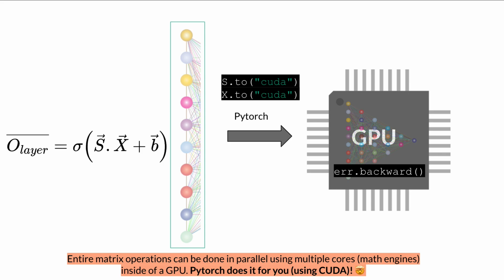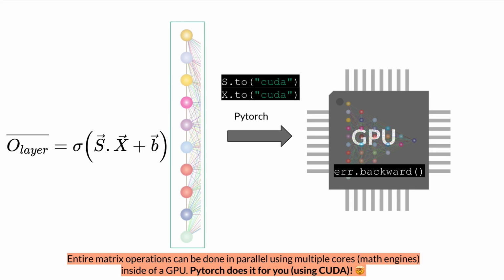So this is even more efficient now because as we compute in both the forward and the backward paths, we're exploiting the ability to do lots of mathematics concurrently in parallel using all of the mathematical cores or engines on the GPU. And again, PyTorch does it all for you. You don't have to know anything about how that works.